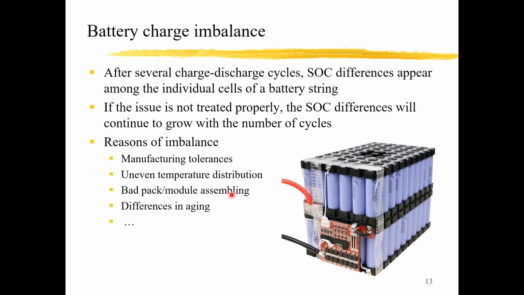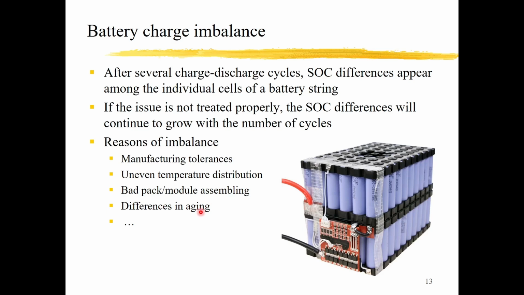For other connections, the impedance is lower. So the charging or discharging may be easier or more difficult. So that will cause some imbalance on the connections, and maybe the aging rate is different for each cell.